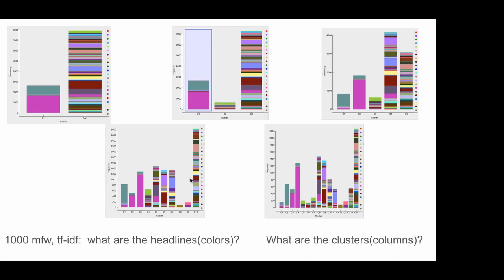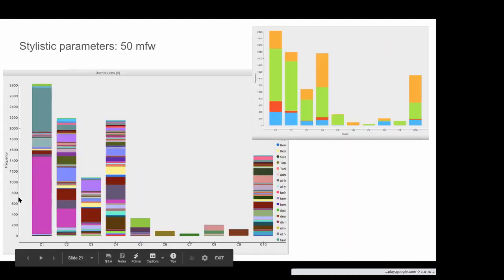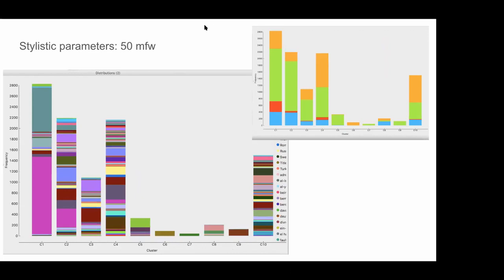Okay. So in this picture, sorry, this is the 1,000, and this is the 50 most frequent words. I will talk about this difference, but we know that when we look at the 50 or even 100 most frequent words, then what we check is not the content but the style. And you see that even here you can see these two larger types together.